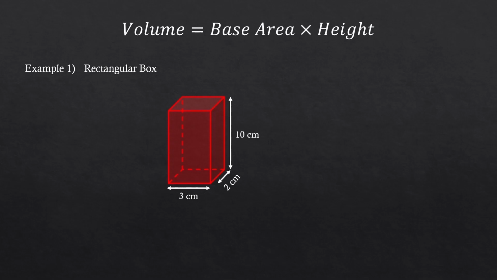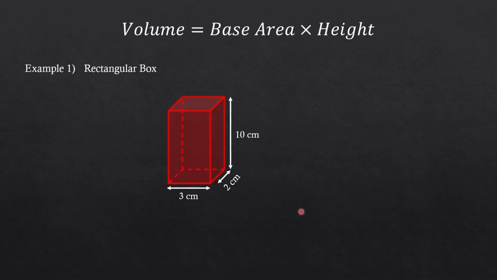We have a rectangular box. The length and width are 3 cm and 2 cm, and the height is 10 cm, right? What is the volume of this rectangular box? You know how to find the area of the rectangular base.